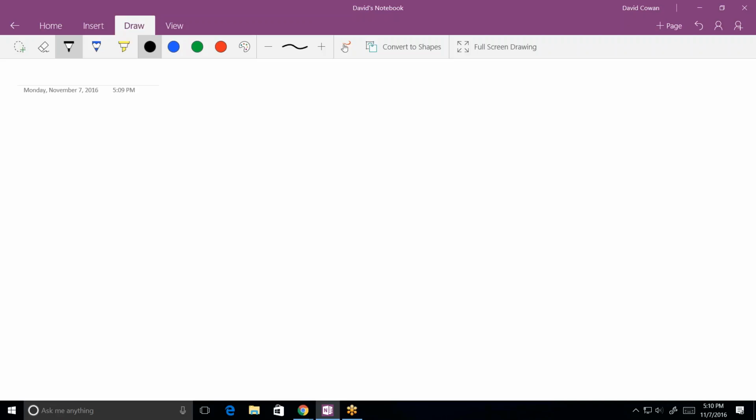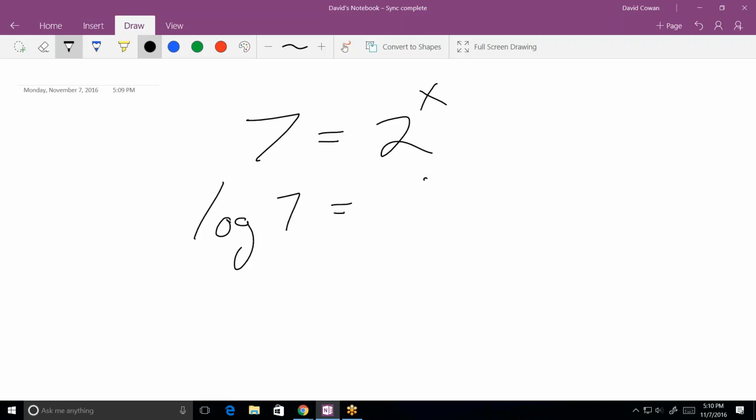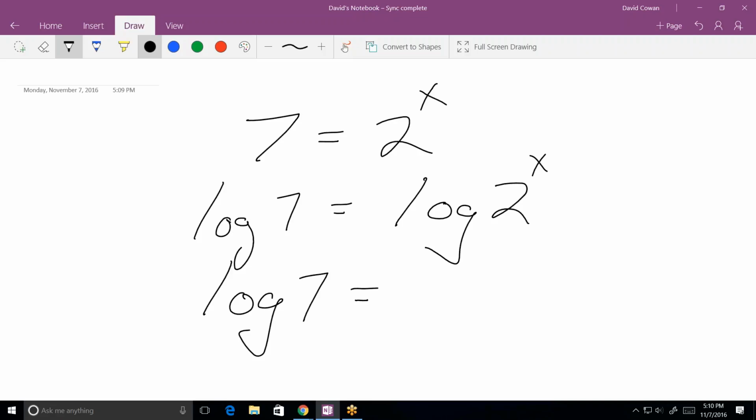In other words, if I give you this following problem, you can't solve that algebraically. You can't even solve it in your calculator. However, I can solve it if I use logs, because the one thing about logs is that I can take the log of both sides, and now by applying the laws of logs, I can bring that exponent and put it down on the algebra line, so that now I've got this.